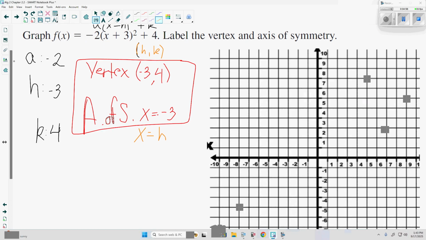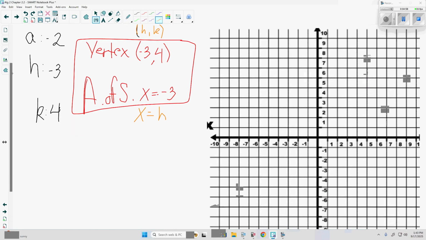Now if we wanted to graph this, the first thing we would need to do is plot the information we have so far. So -3, 4. We can plot the vertex first. Axis of symmetry is going to cut through that.